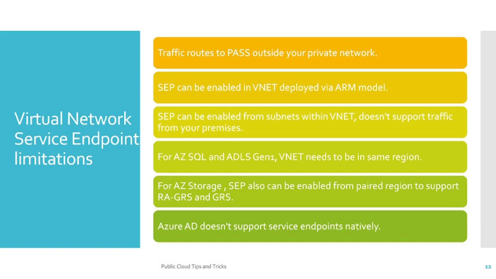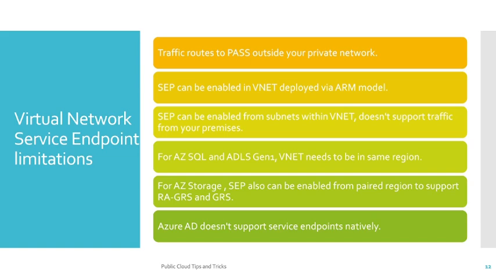Third, a Service Endpoint can be enabled from subnets within the Vnet and doesn't support traffic from your on-premises. So if you have enabled the Service Endpoint and you want secure connectivity to your Azure services from your on-premises system, that is not supported via the Service Endpoint. It is only between the Vnet and your Azure services. Then for Azure SQL and Azure ADLS Gen 1, the virtual network needs to be in the same region.